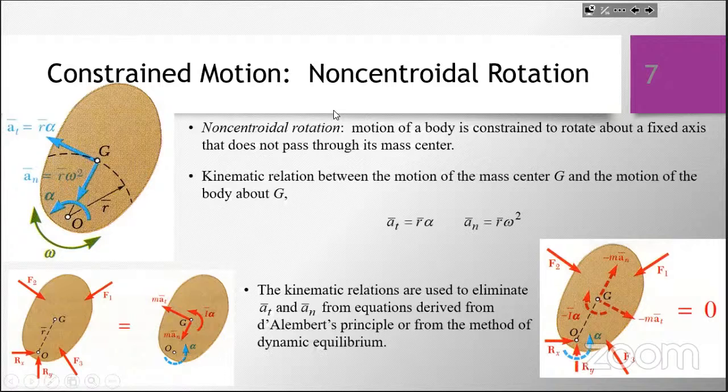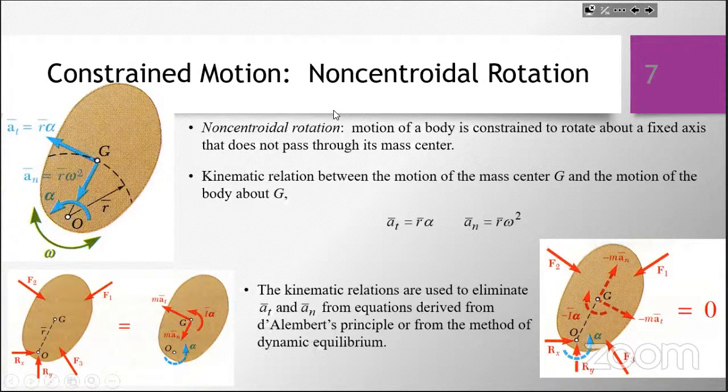We can come up with a kinematic relationship between the motion of the mass center G and the motion about the body, right? So we can come up with this relationship between the rotation and the translation. And look, we know this.